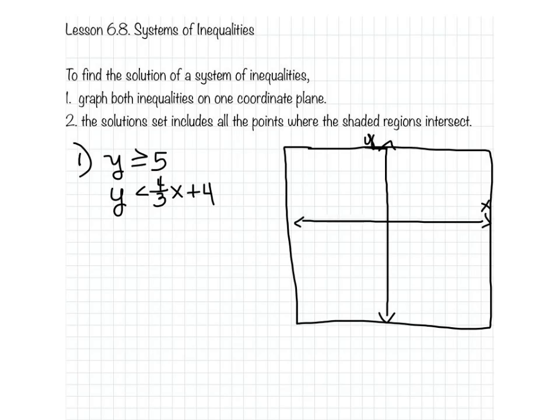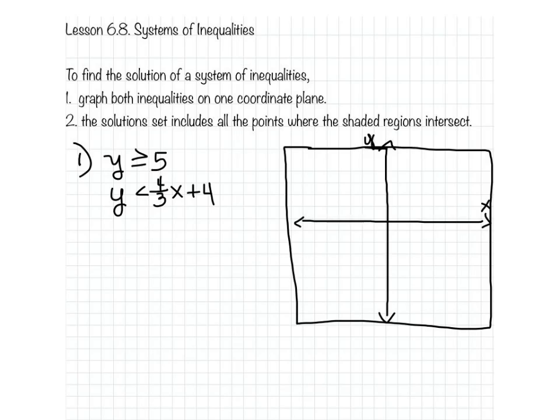Your system of inequalities: y is greater than or equal to 5, and the other inequality is y is less than 4/3 x plus 4. Okay, so we can graph these since they're already in slope-intercept form.